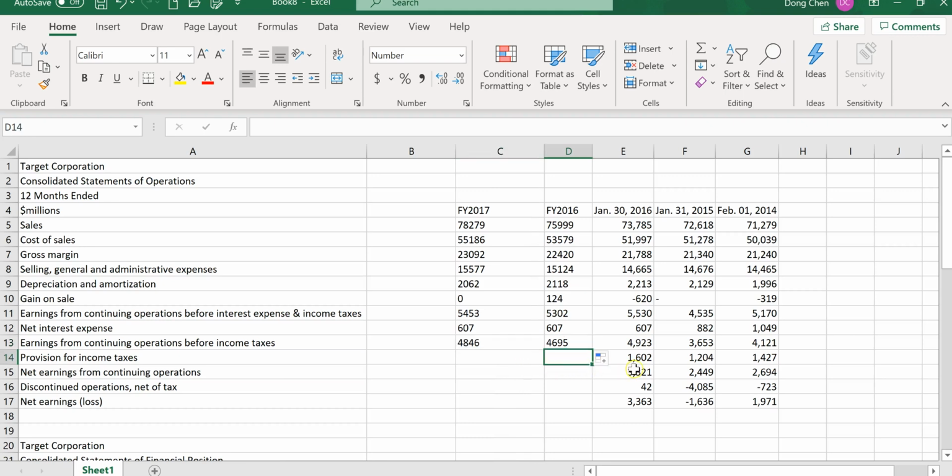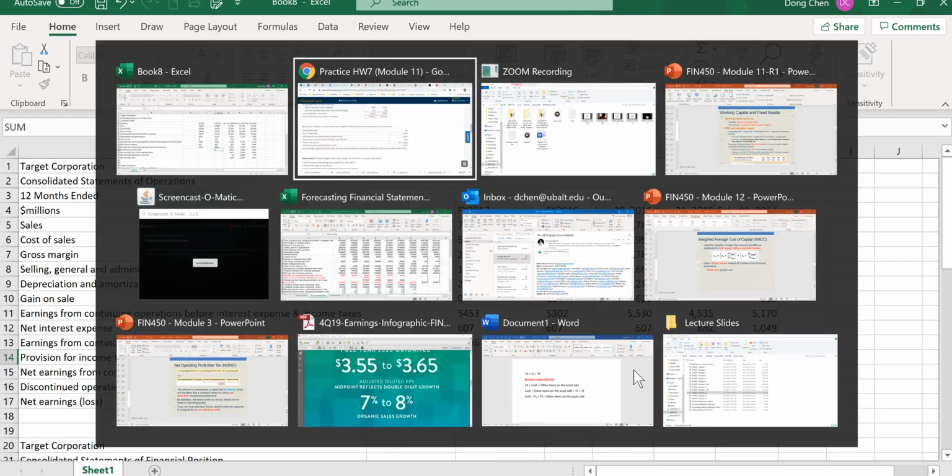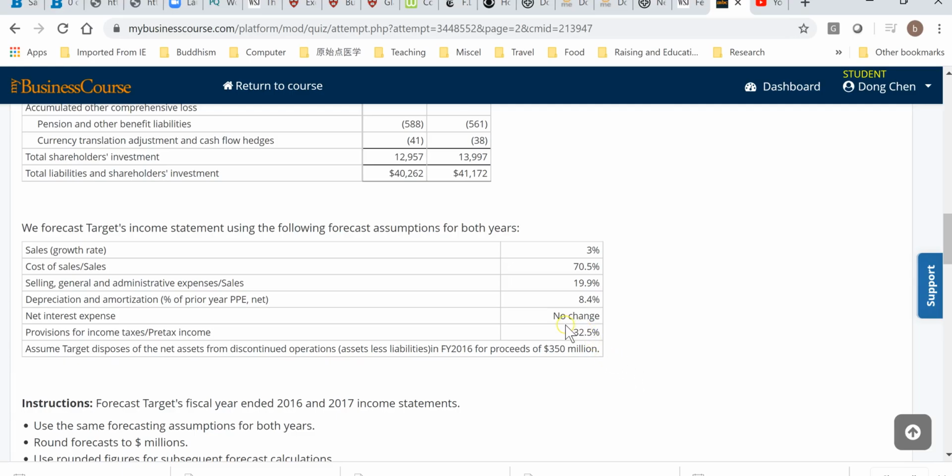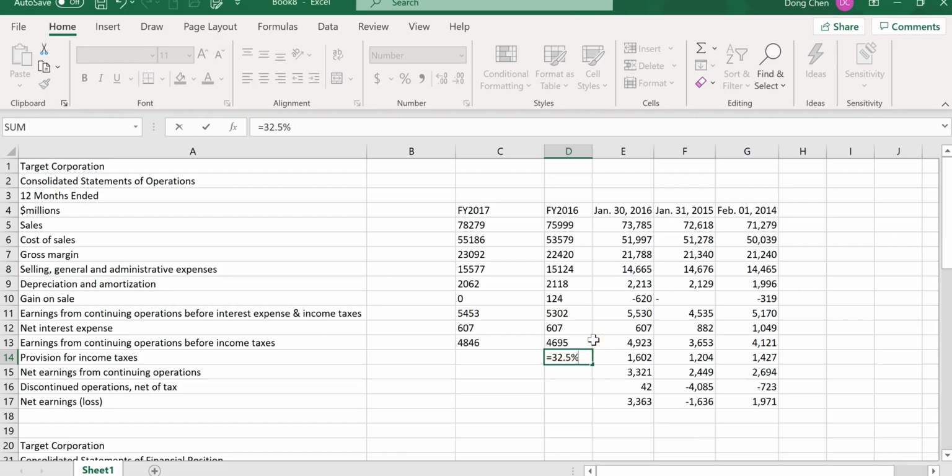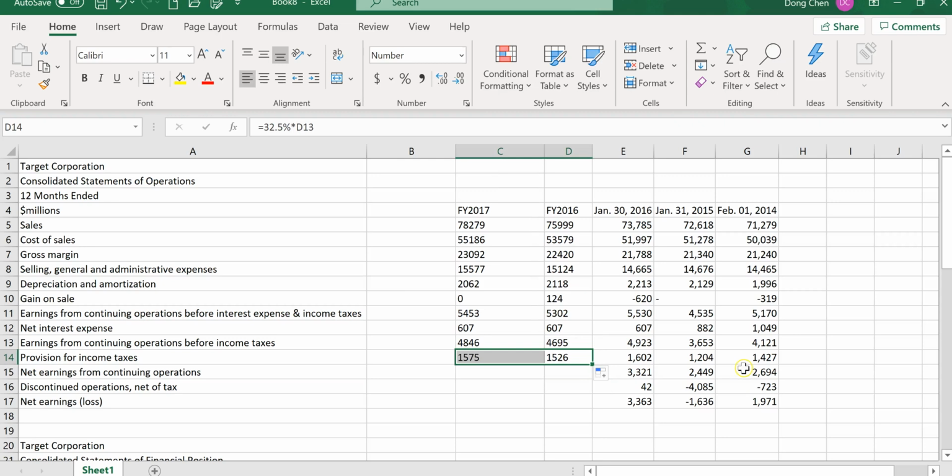And provision for income taxes will be based on the taxable income and this tax rate, right? Provision for income tax divided by pre-tax income. So this 32.5% is basically the tax rate, then times this taxable income, and then pull the cell to the other year.